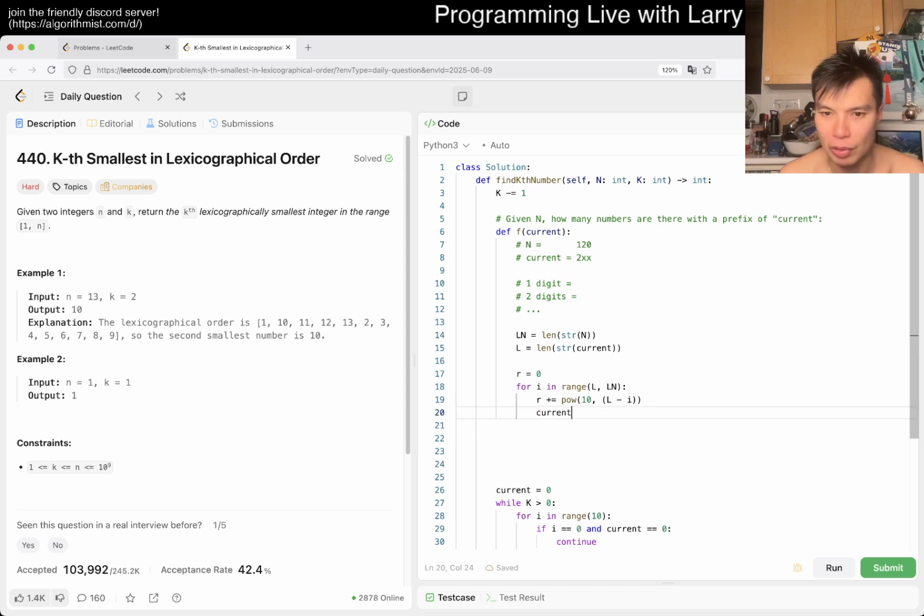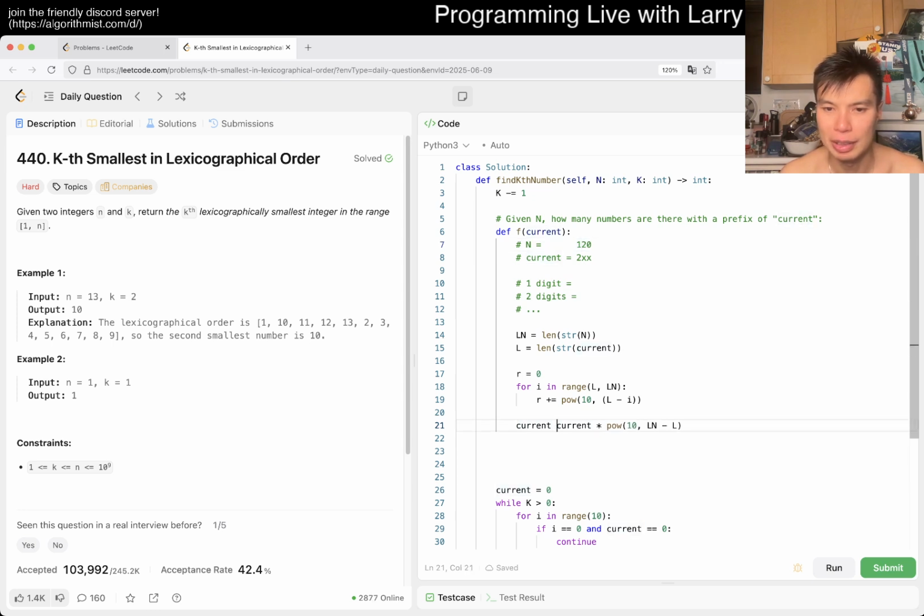So that means maybe I could just say current, I want to say current times 10 or something, but it's something like power of 10 of ln minus L, right? And then current times this, right? So now this gives us the same number of digits, right?